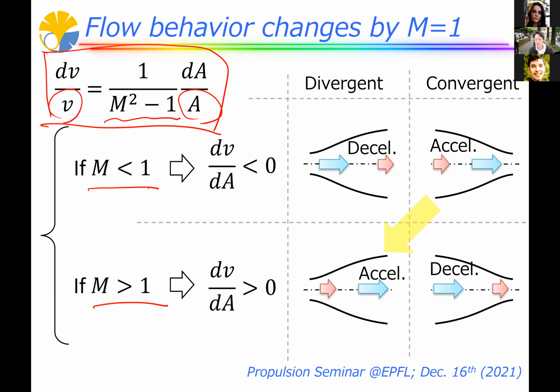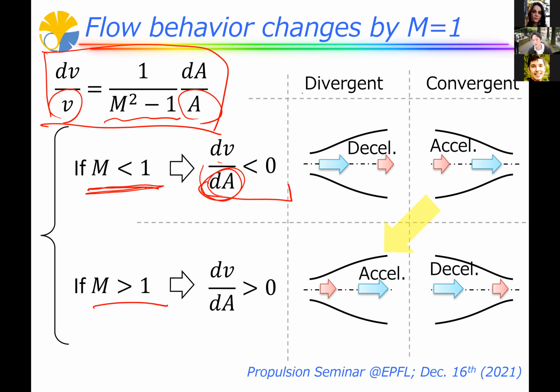So in the case of the flow velocity is less than sonic velocity, this is, how to say, the standard case. In this case, you see dV/dA becomes negative, and this means when you increase the area, velocity will be decreased.